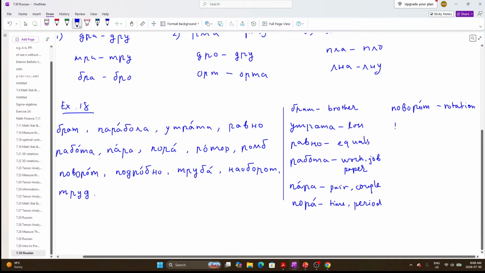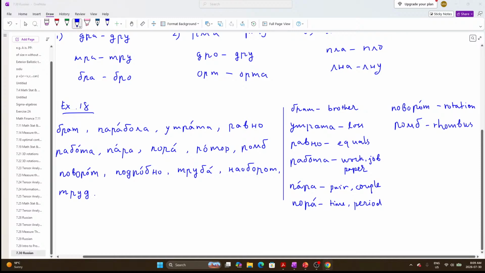Ромб. Ромб is very weird. I don't even know this word in English. It says it's rhombus. What on earth is a rhombus? It's a geometry thing. Rhombus.